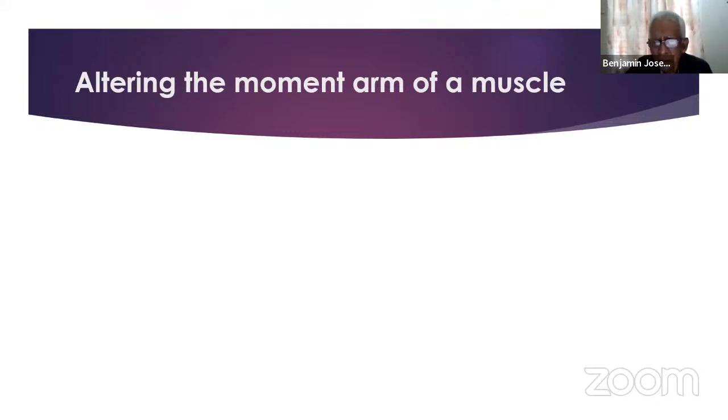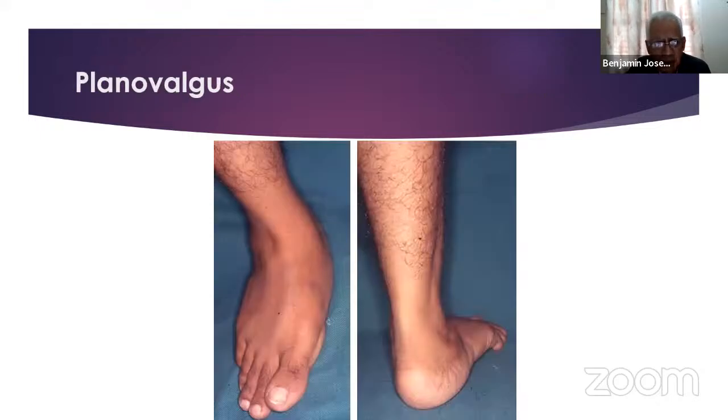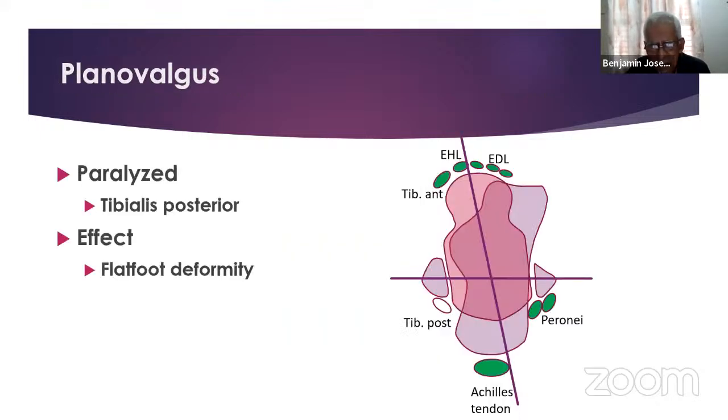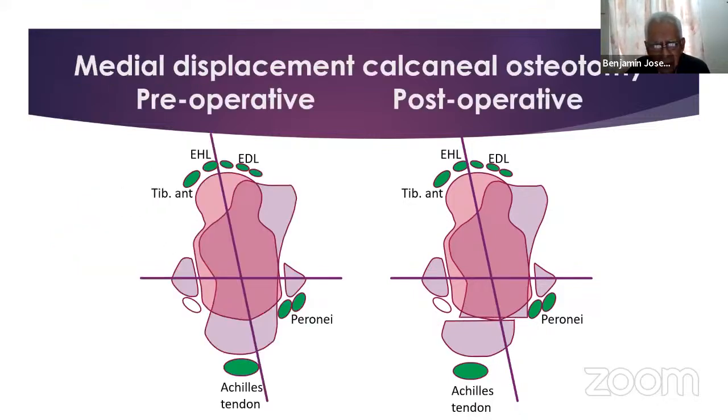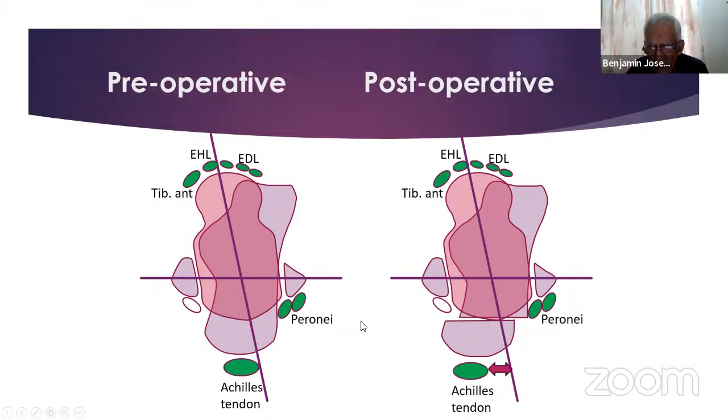You can also alter the moment arm of a muscle. To give you an example, you've got a paralytic planovalgus, where the tibialis posterior is isolatedly paralyzed. You've got a flat foot deformity. So what do you do? A medial calcaneal displacement osteotomy. What is the rationale? The moment arm of the Achilles tendon has been altered to increase its inverter moment.